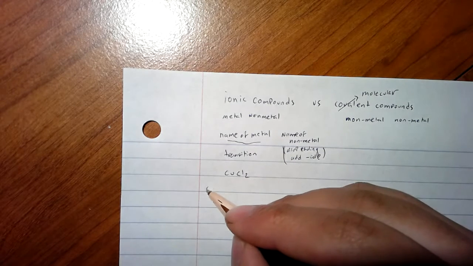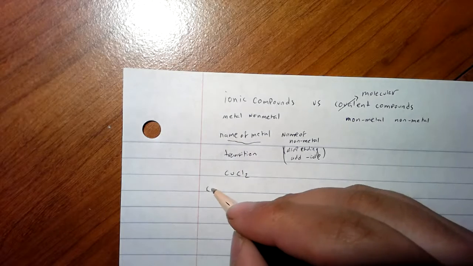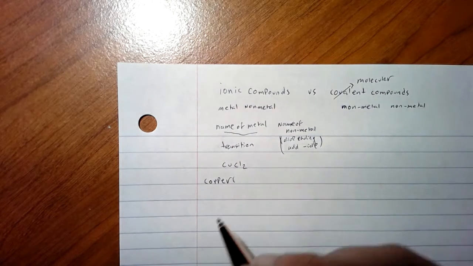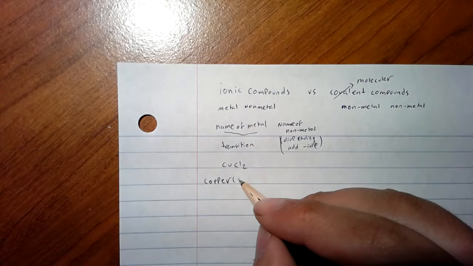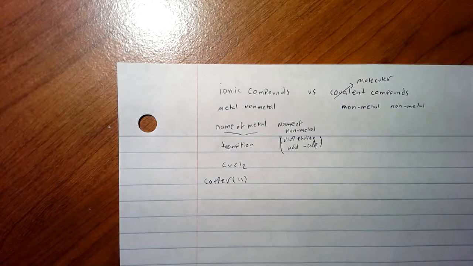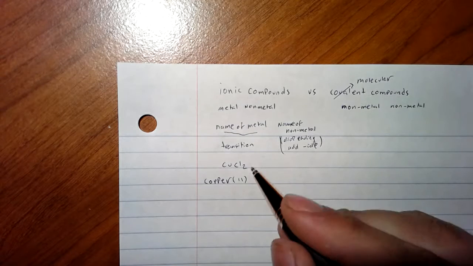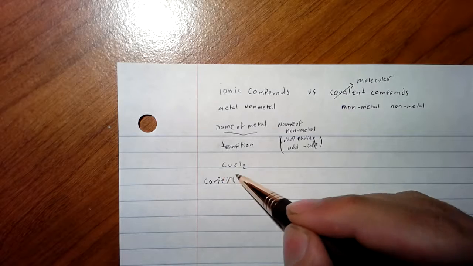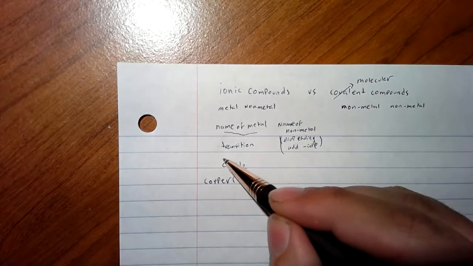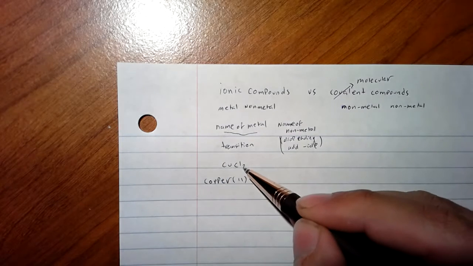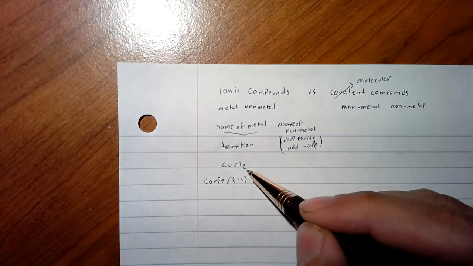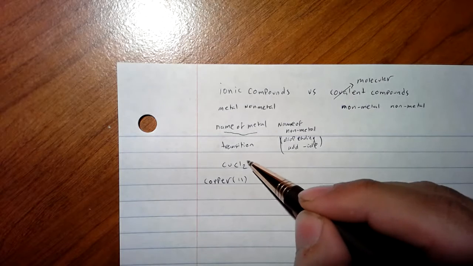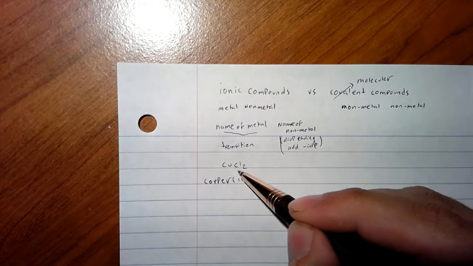So when you write the name, we're going to follow the rule. We're going to put the name of the metal, but right after that, we're going to write parentheses and put a Roman numeral 2 to indicate the charge. Copper needs to be +2 in order for the net charge, or the overall charge of this compound, to be 0. Because remember, we've got 2 chlorine ions, each with a -1 charge, so you get -2 in total from here.